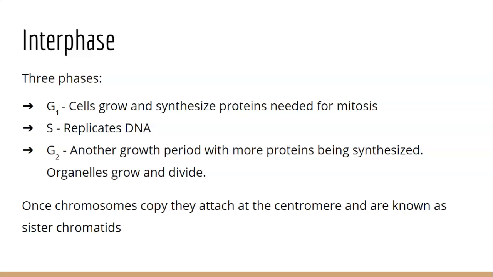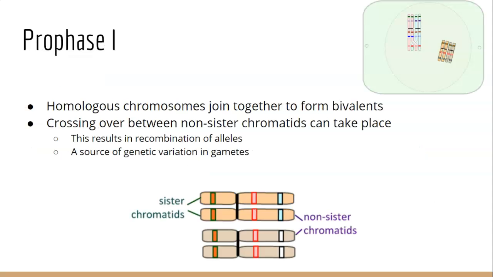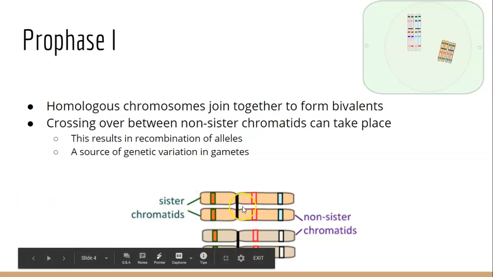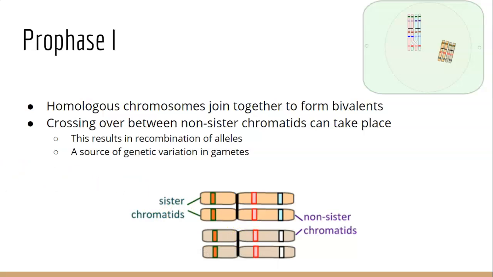So once the chromosomes copy during the S phase, they attach at the centromere and are now known as sister chromatids. So in prophase 1, you have homologous chromosomes that have joined together to form what's called a bivalent. So this set of 2, right? You have this orangey one and this purple one that has formed a bivalent.